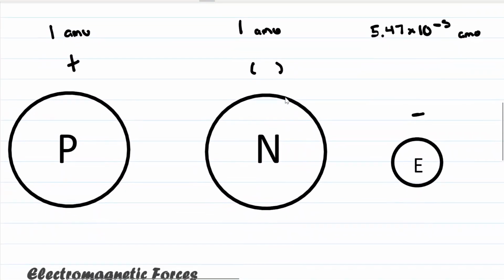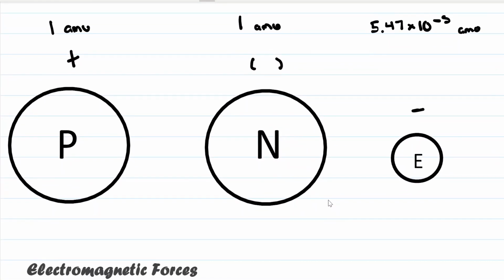Here's an example: if I have an atom with 2 protons and 2 electrons, even though the proton is bigger, the magnitude of the charge is equal. So the 2 positive charges and the 2 negative charges will cancel out, and you'll have a neutral substance. Although the electron is smaller, it's a lot denser in charge, and that makes up for it. That's why it has a similar magnitude of charge.